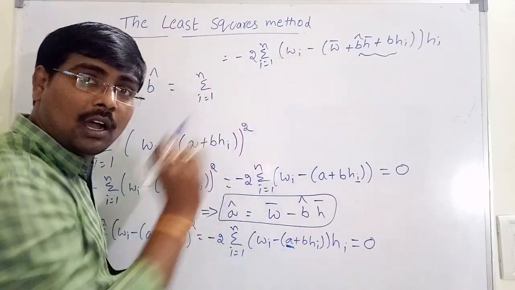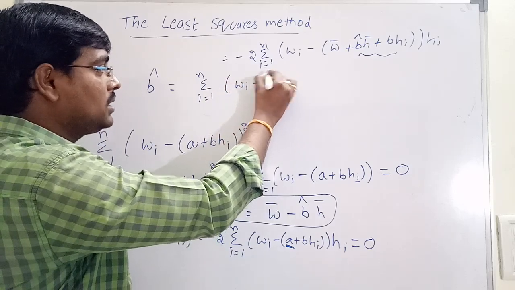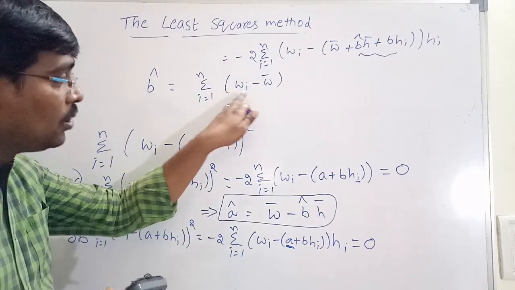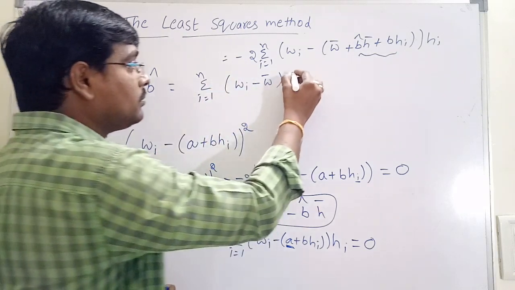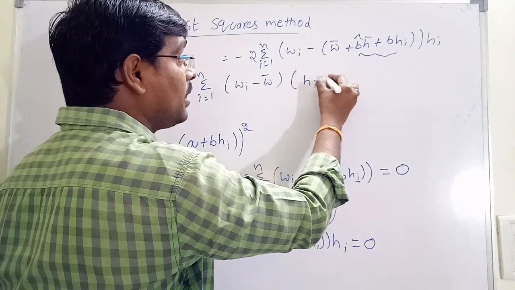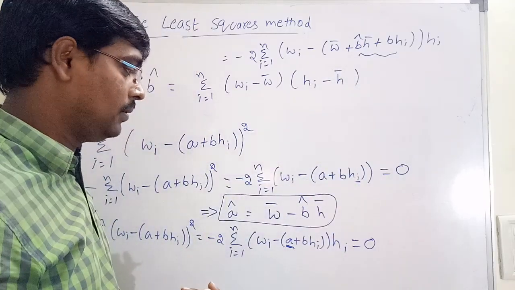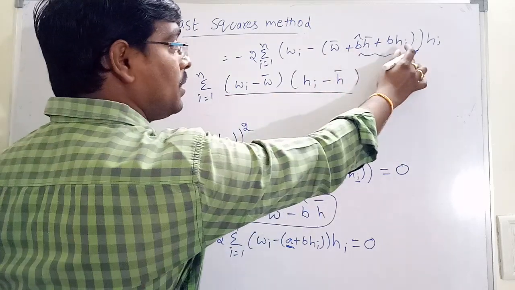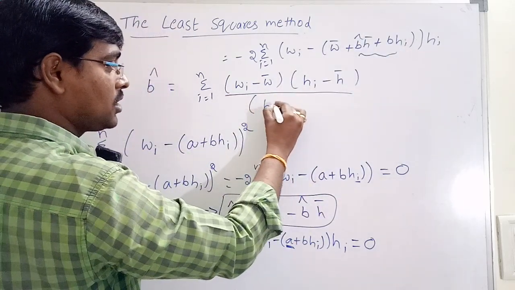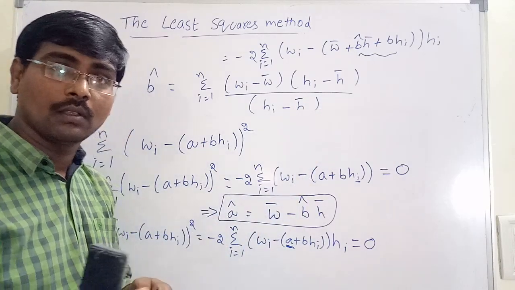By taking the common terms, it is Wi minus W bar into Hi minus H bar, divided by the B common terms, which is Hi minus H bar. This is the equation.